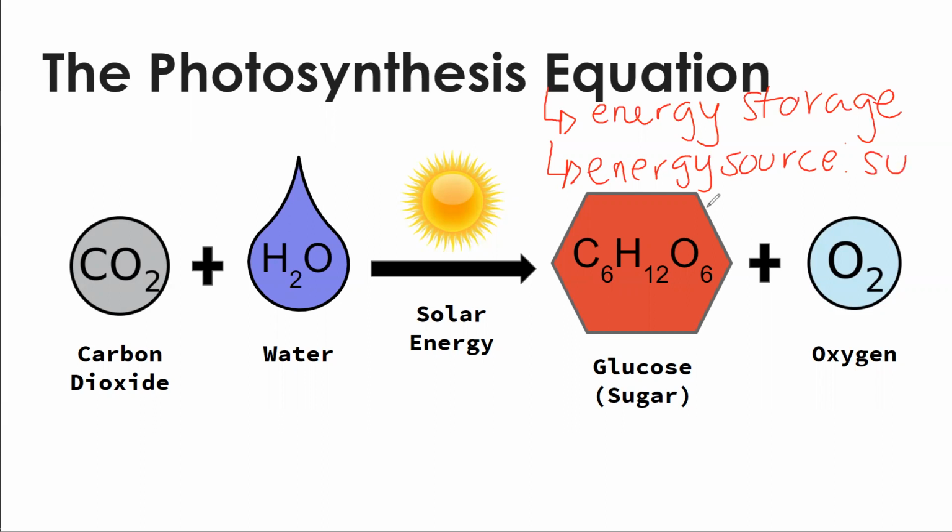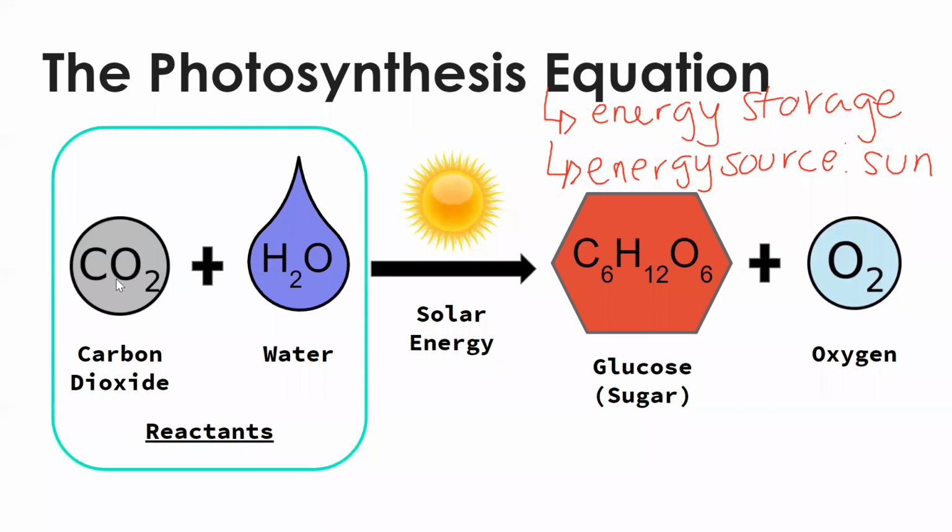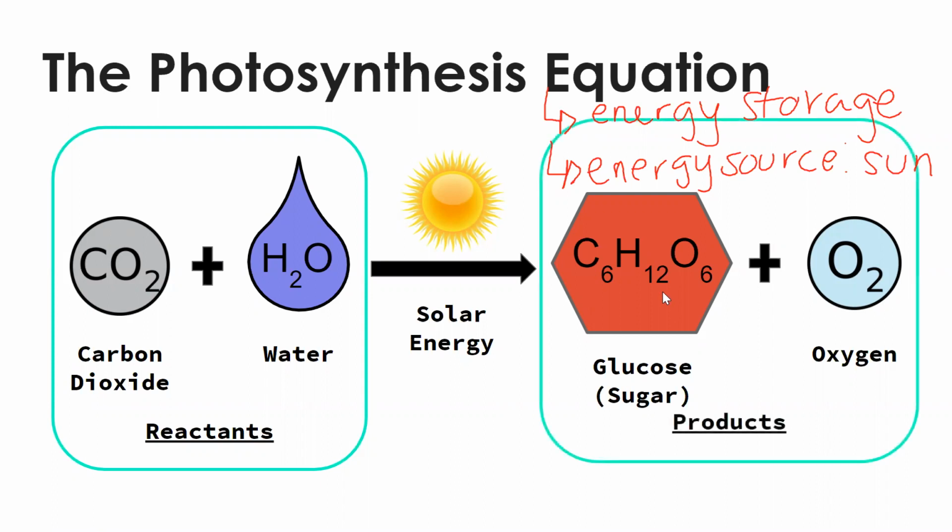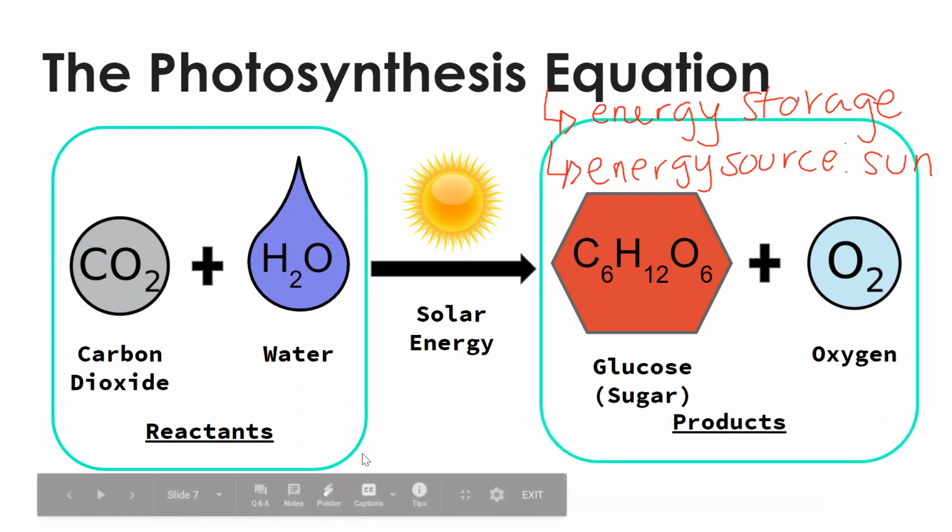So our energy source for this process is the sun. It allows plants to store energy in the form of glucose. So again, plants need the reactants, carbon dioxide, water, and sunlight to yield or make the products, glucose and oxygen. Your reactants are your ingredients, what you need, and your products are what's being made.